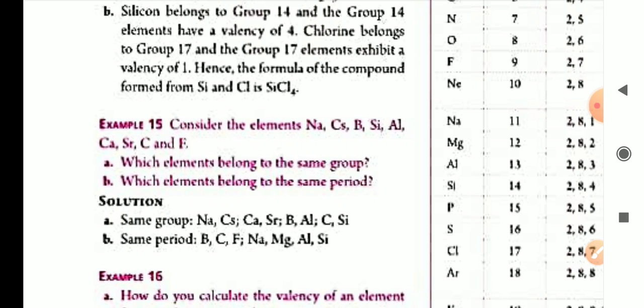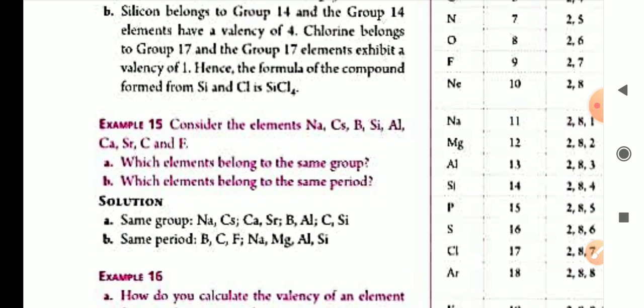Next, silicon has 4 electrons in the outermost shell, calcium has 2 electrons, strontium also, so calcium and strontium are in the same group. Carbon has 4 electrons in the outermost shell, silicon also has 4. So carbon and silicon also belong to the same group. Fluorine's combination is not given.